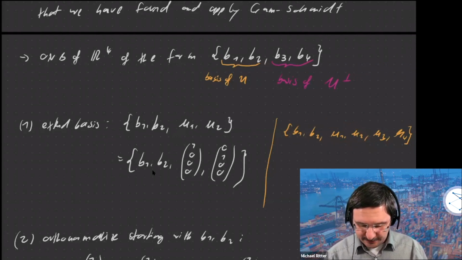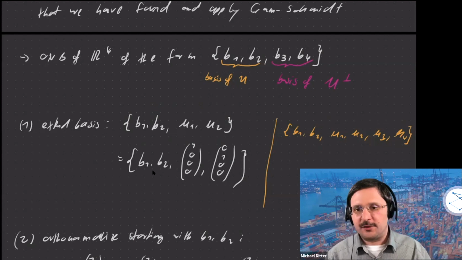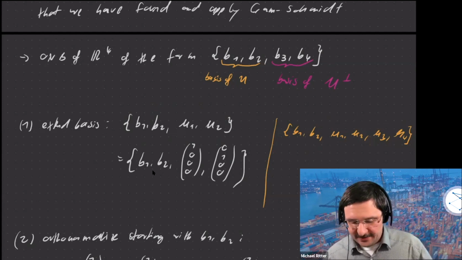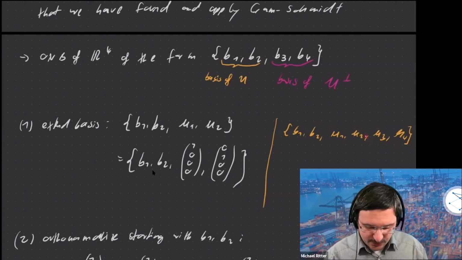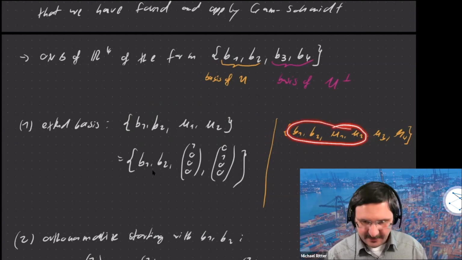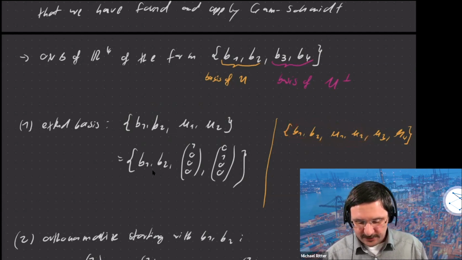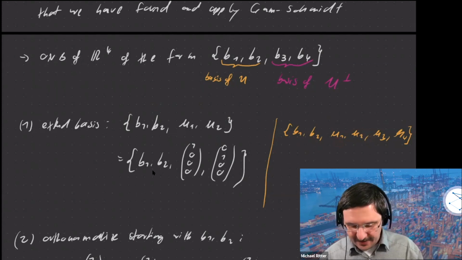If you would continue and apply Gram-Schmidt to U3, in addition to the 4 you already have, the result would be a 0 vector. And of course, that could also happen in between. Say if U2 was linearly dependent on these 3, then you would have B1, B2, and you would get a B3, just fine.